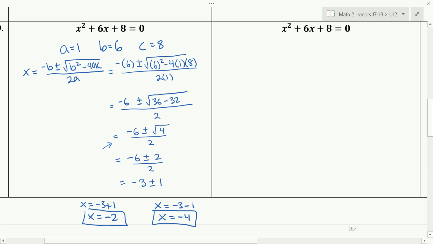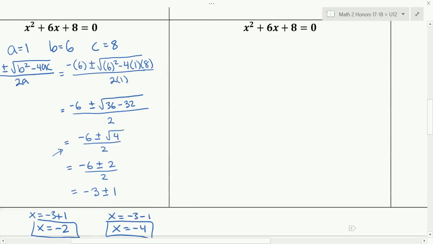So if you end up with the square root of 5, an irrational number, or maybe an imaginary number, then you're going to skip step 2 because it's not going to factor anyway. You could try factoring it, but you should find that it won't factor in that case, and you go to step 3. So the middle one, the factoring method, only works on factorable equations. The quadratic formula works on everything. Completing the square works on everything. Factoring's a little picky.